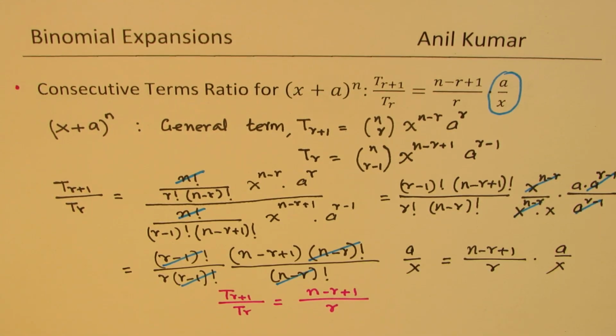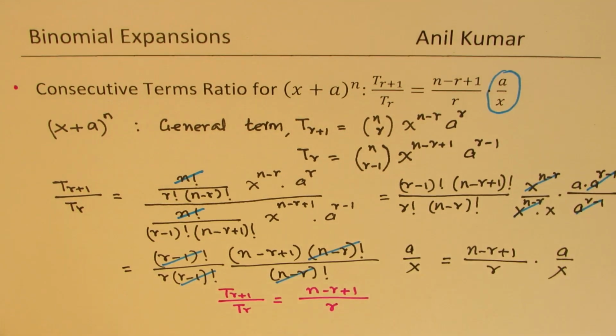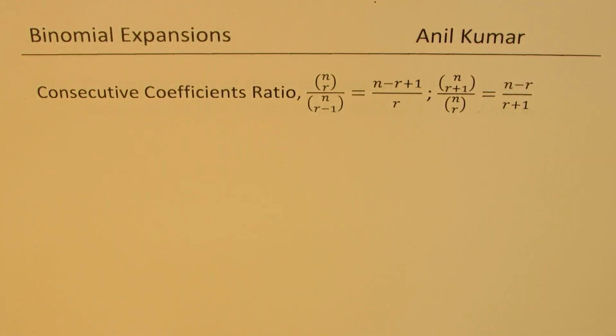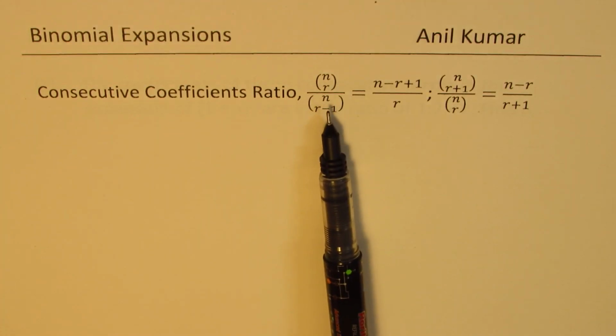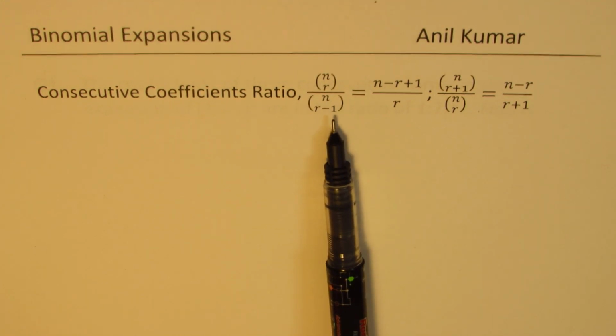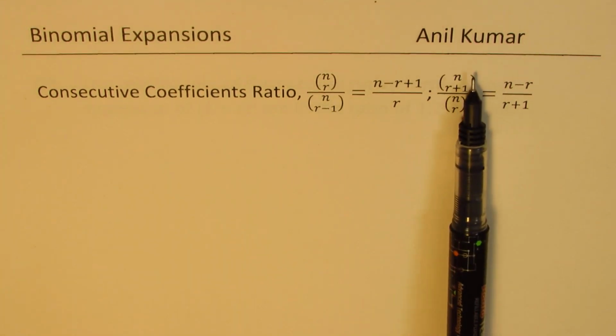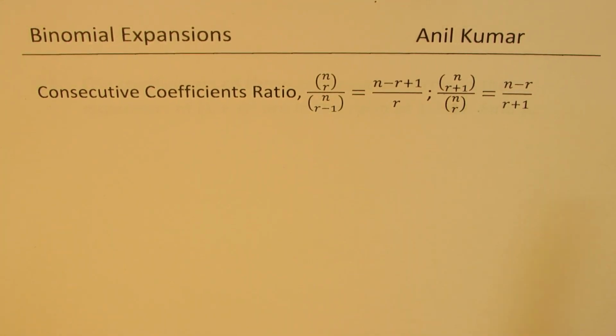So let's move on and take the next part, which is we'll now find what is the consecutive coefficients ratio. That means nCr over nCr minus 1, and also what is nCr plus 1 over nCr, right? You can now pause the video, solve this, and then look into my suggestions.